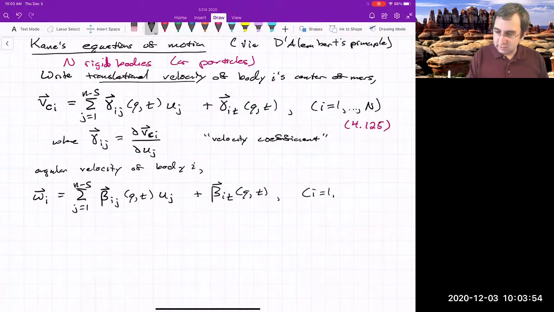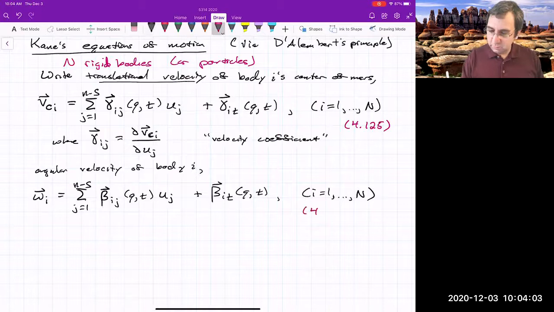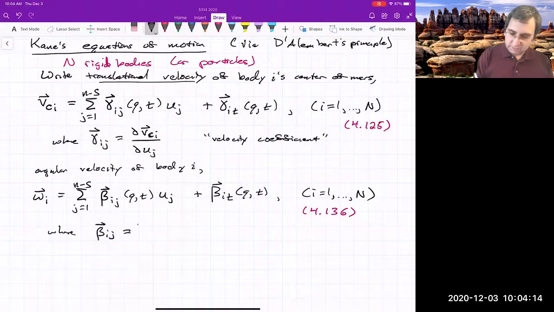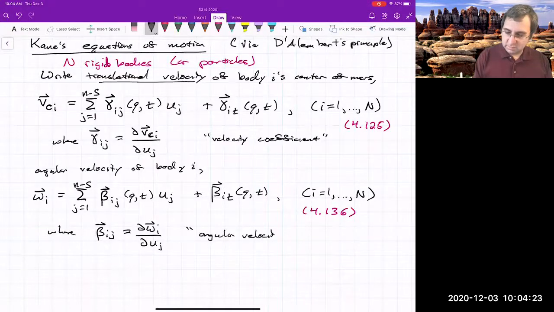Again, the index I is over the body, so 1 through capital N. This is equation 4.136 in Greenwood. Beta ij is partial omega I partial uj. So we call this the angular velocity coefficient.